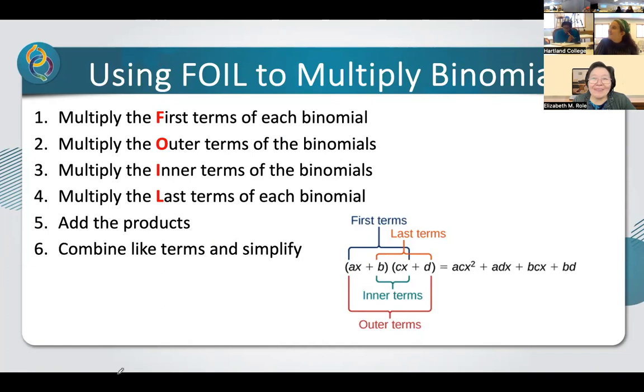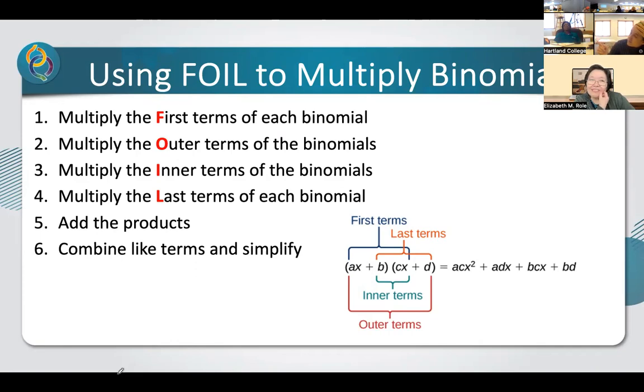Okay, now this time, I hope you still remember this FOIL, multiplying binomials. It's called FOIL because this time it's just binomials. Multiply the first terms, then the outer terms, then the inner terms, then the last terms, add the products, combine, and simplify.